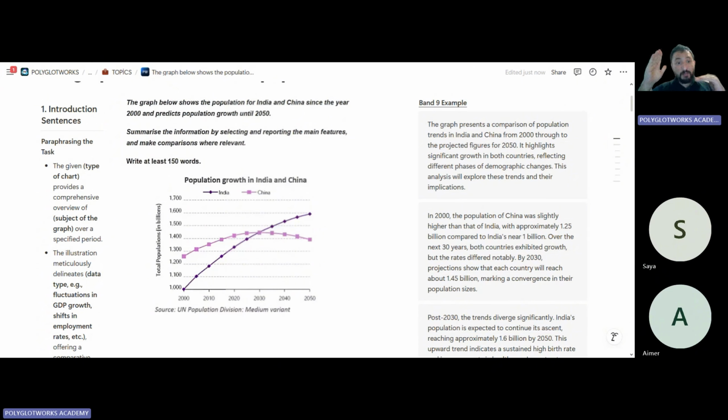So now you can mention from 20 to 25, India, China, and then their comparisons, of course. So you know what you need to write. In the first paragraph, I start writing from 20 to 20, and then maybe the first sentence is China. China is just basic sentences. China is going up. India is going up.